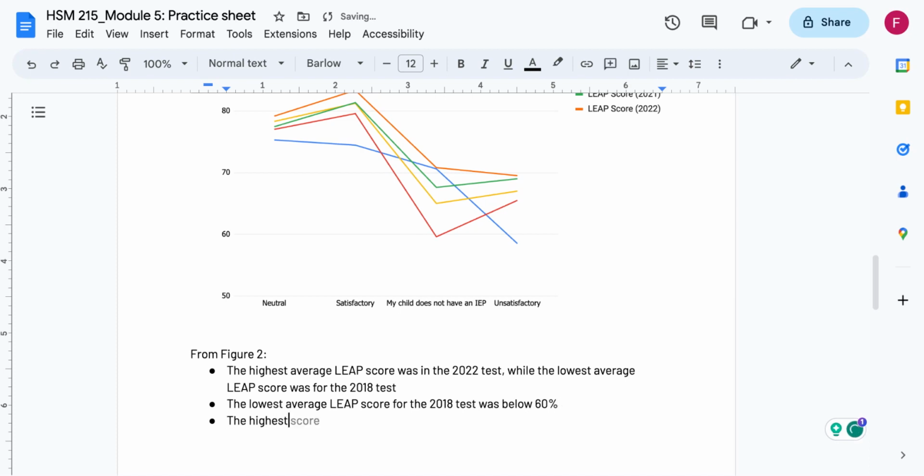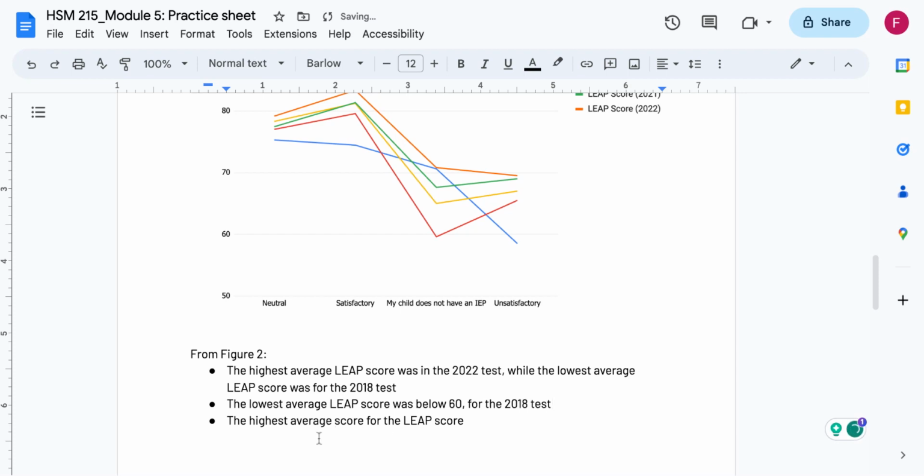And then the highest average LEAP score, let's make this overall, was for the 2022 tests.